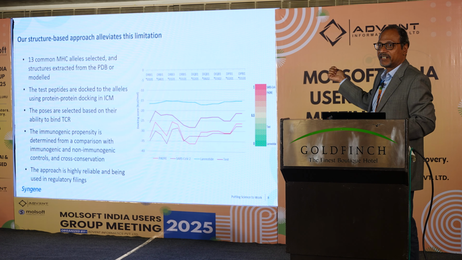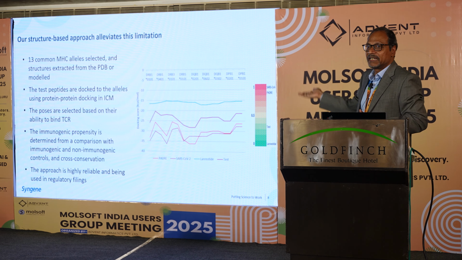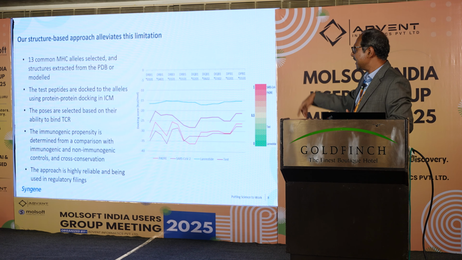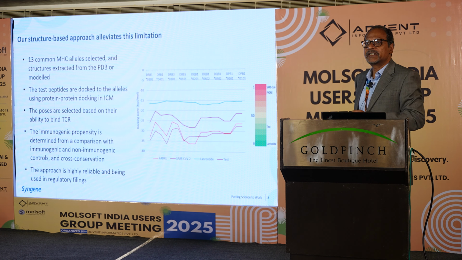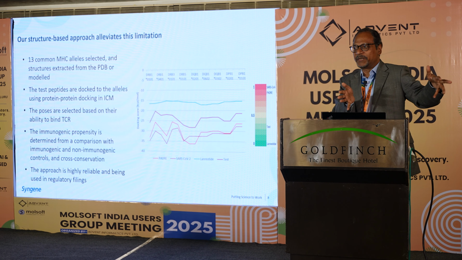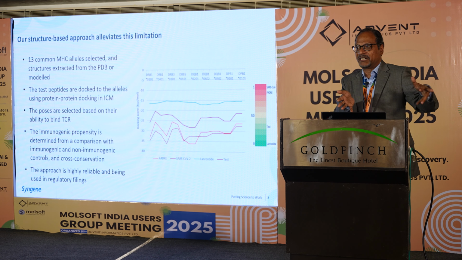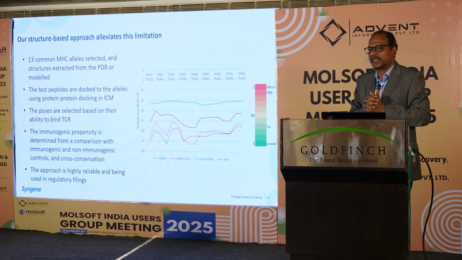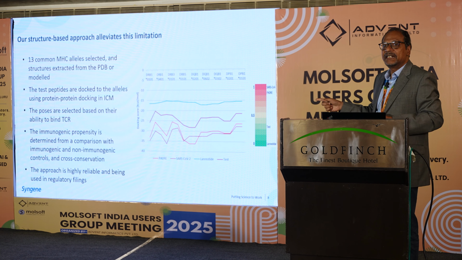So now what we do is look at the docking profile of any test compound, see where it lies on that scale, and then combining that with the cross conservation with the human proteome, we are able to score those.